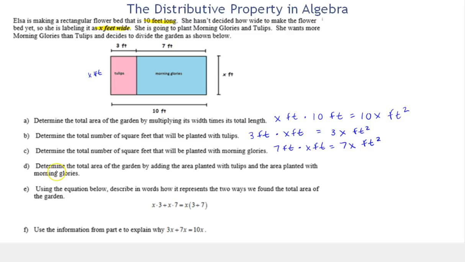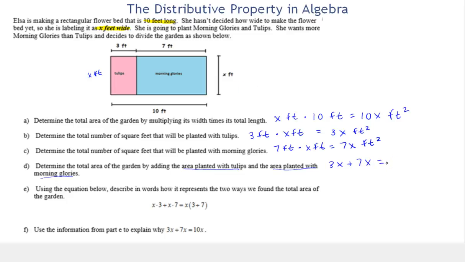Okay. Now we're asked to determine the total area of the garden by adding the area planted with tulips and the area planted with morning glories. So just like we did last time, but now we don't have numbers, we have these algebraic expressions. We want to add 3x plus 7x.